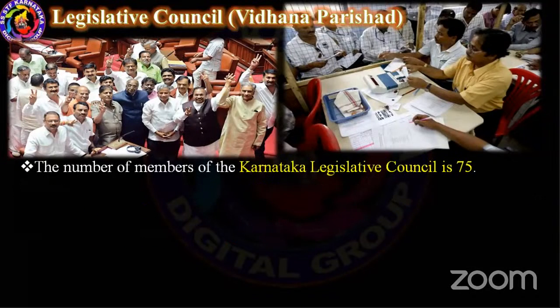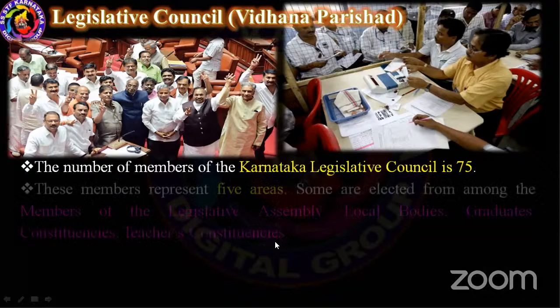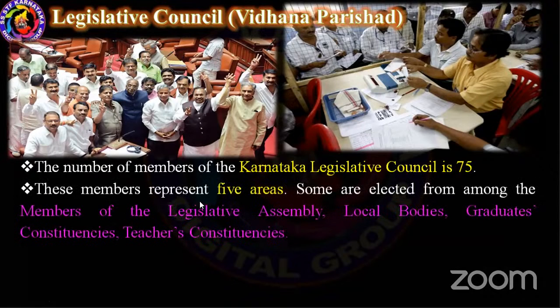The number of members of the Karnataka Legislative Council is 75. You already answered that. These members represent 5 areas.